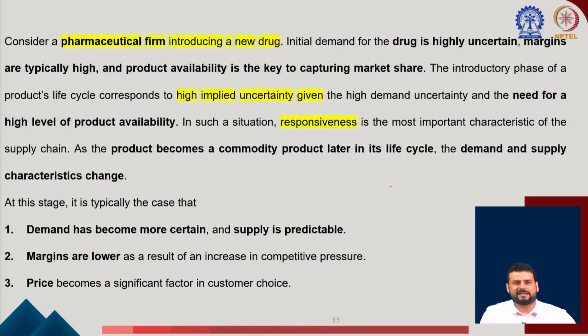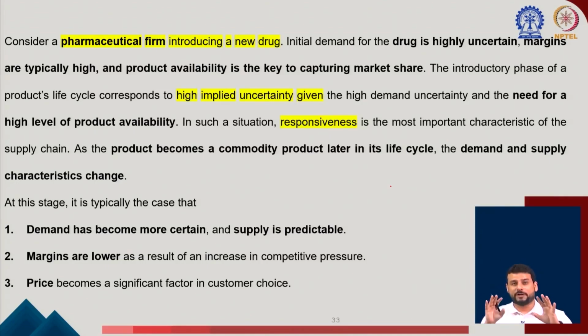You can consider another example of the pharmaceutical industry. Any new demand is coming, a new drug is coming, you are not sure. First, product availability is a very big question. Then you are promoting through your medical representatives, they are meeting the doctors, the doctors are prescribing your drug, and then you are finding it too difficult to find that drug, right? So then you will search for the alternative.